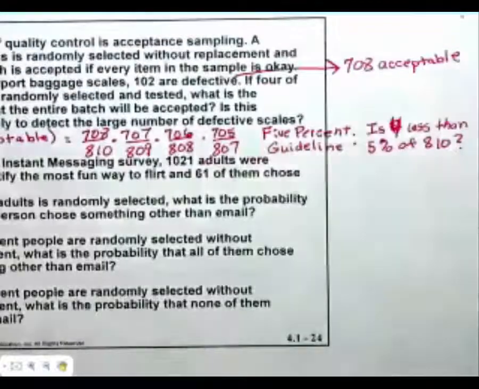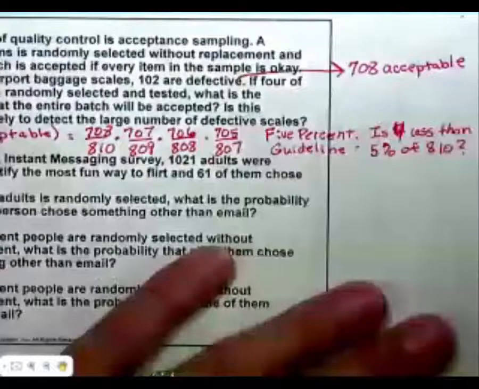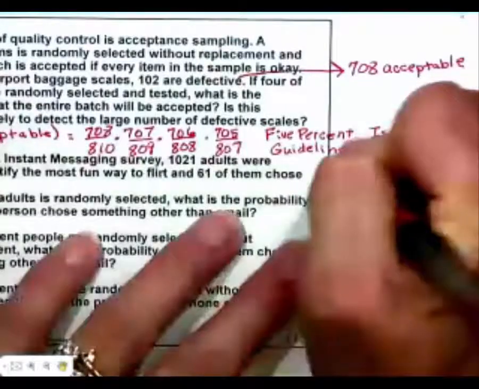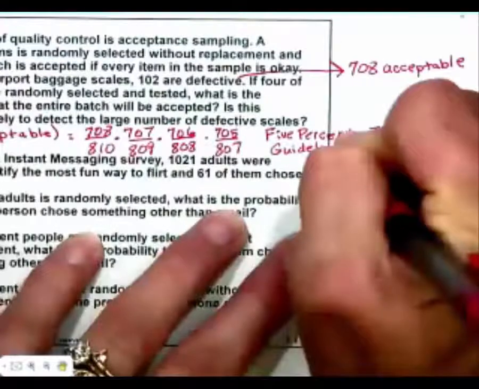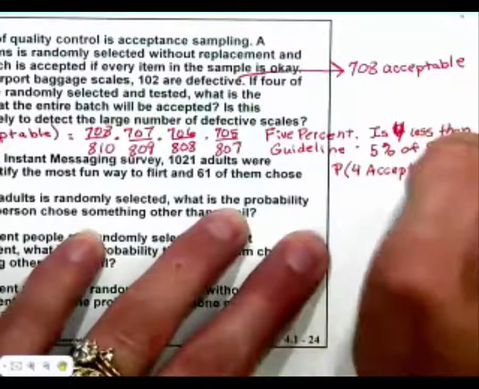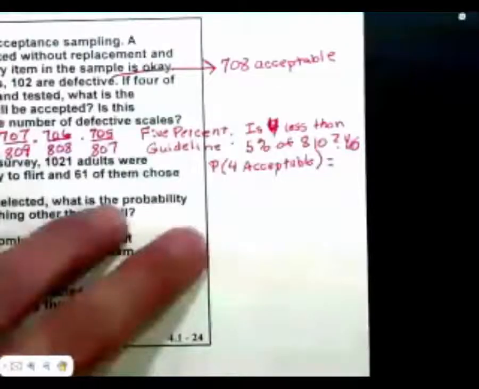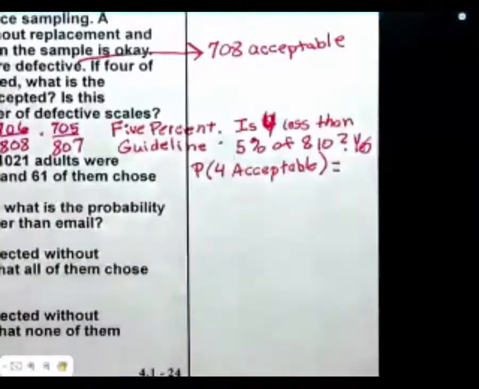And because it's way less, I can say the probability of 4 acceptable, what does the 5% rule say that I can do? The 5% guideline says, just play like you're putting it back. And that way, all 4 draws, the probability of acceptable would be what? What was it originally?